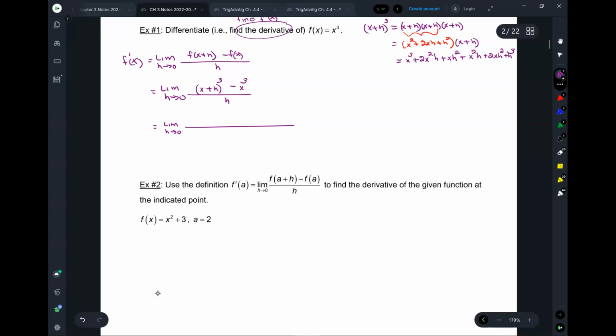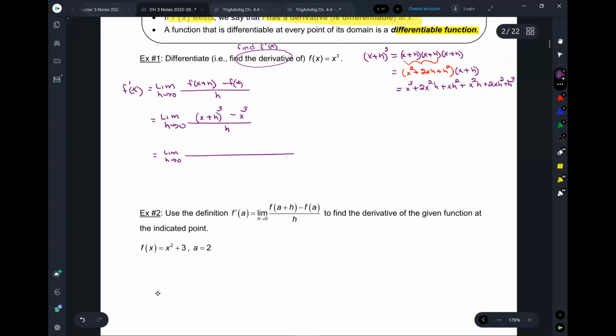So what is that? x cubed plus, look at this, 3x squared h plus 3xh squared plus 1h cubed. Okay, minus x cubed all over h.